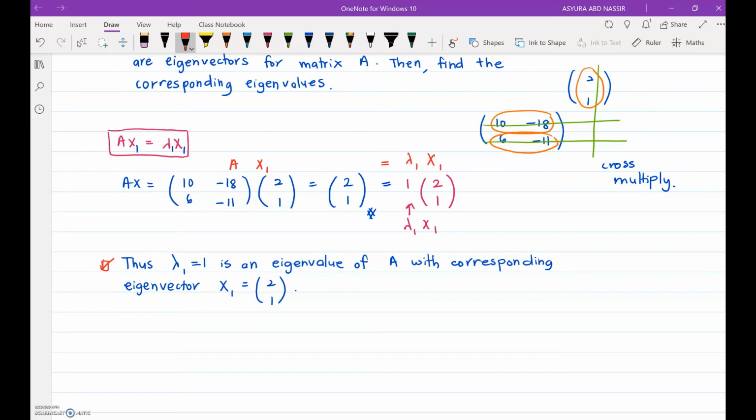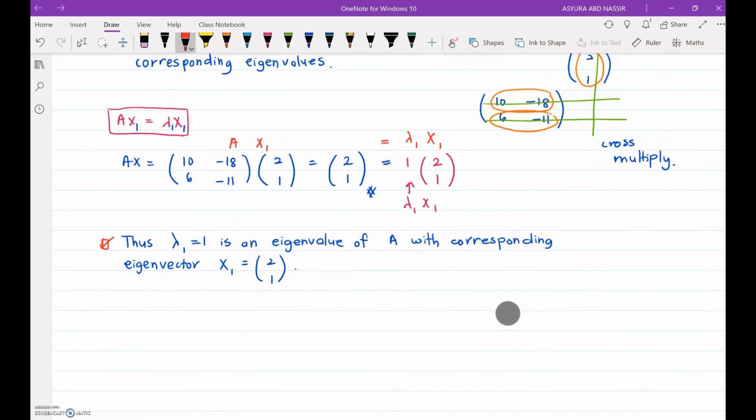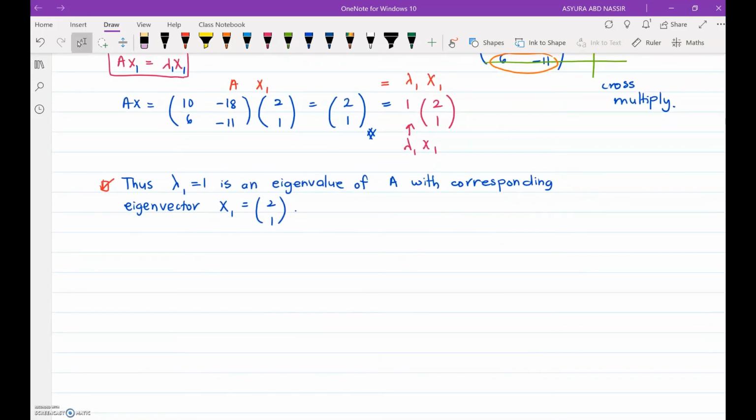Similarly, we want to determine for the other eigenvector, (3, 2). We want to check Ax2, which should equal lambda 2 x2.